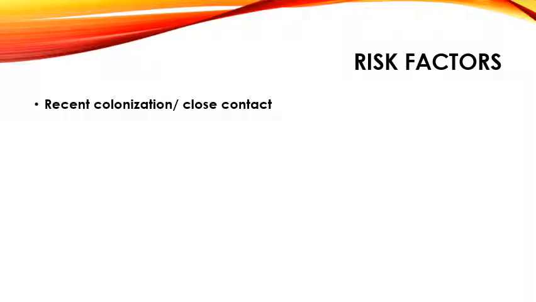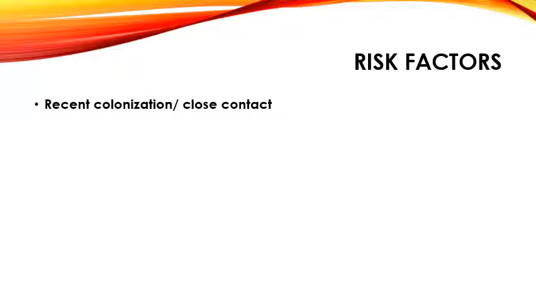Recent colonization. That means you have a recent infection with the causative organism for acute bacterial meningitis. Close contact. What can be a close contact? That means you have come in contact with individuals who are having the disease from the organism which is causing the meningitis.